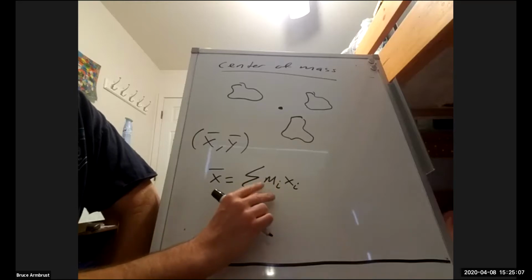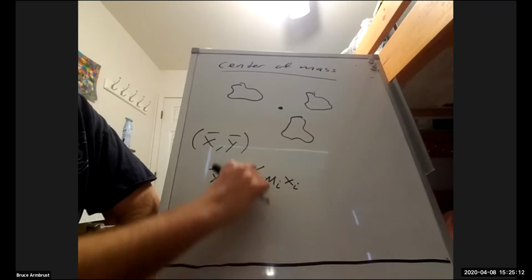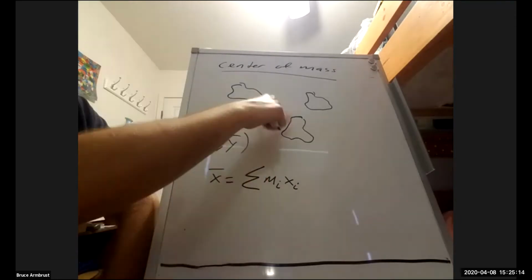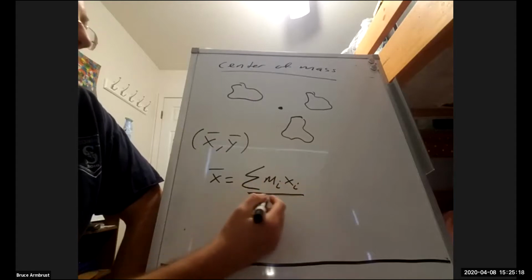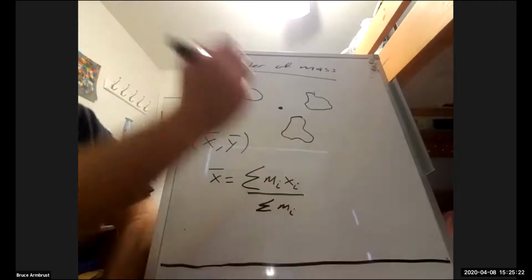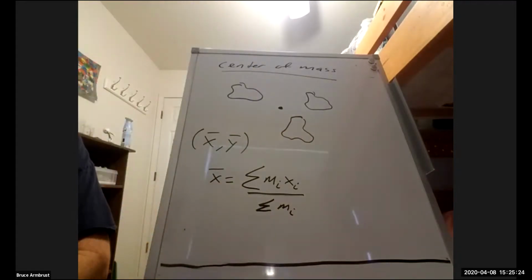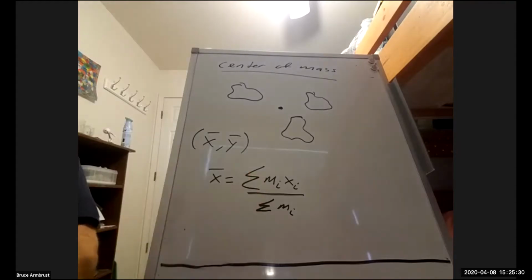So hopefully you guys are familiar with this kind of notation. Obviously this would be i equals 1 to however many, like in this case it would be 1 to 3. But then we divide that by the total mass. So we actually have to do two different sums. One is get the total mass, and then the other is to take the masses times the x's.